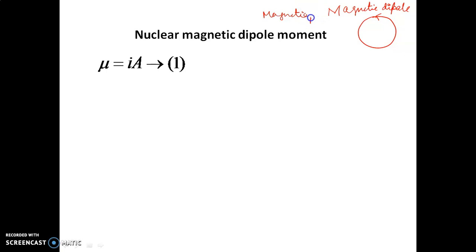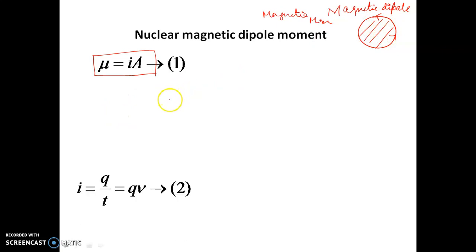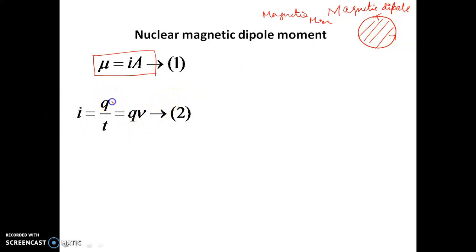That magnetic moment is given by mu is equal to IA, where I is the current flowing through this circuit, and A is the area of cross section of this circuit. Now again, we know that I is equal to Q by T, and in case of a current flowing through a circular path, this is equal to Q into nu, where nu is the frequency of the circular motion.